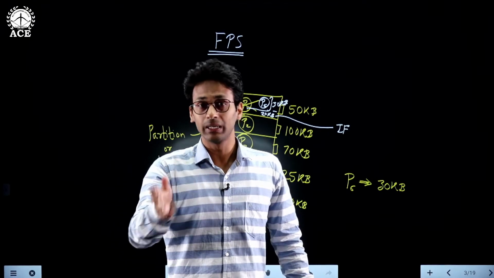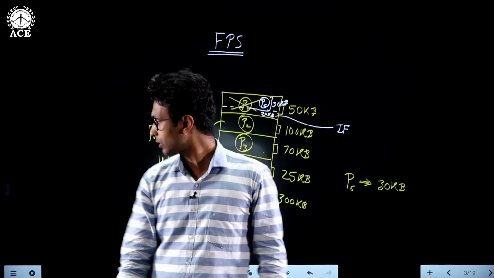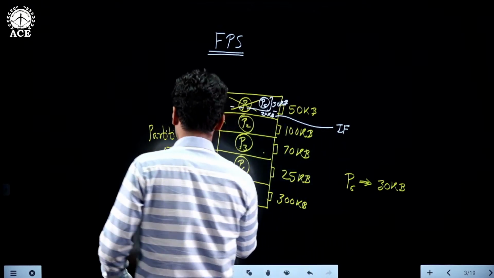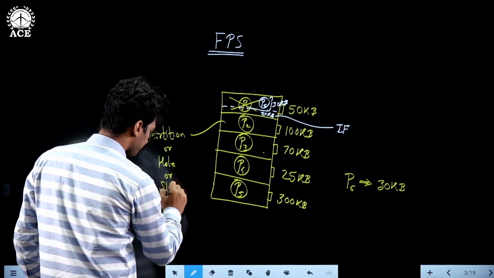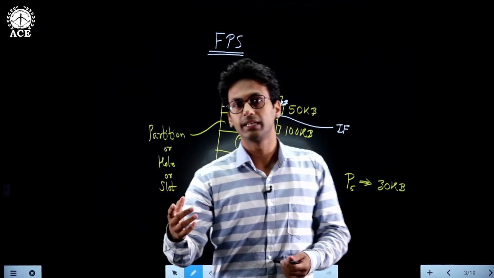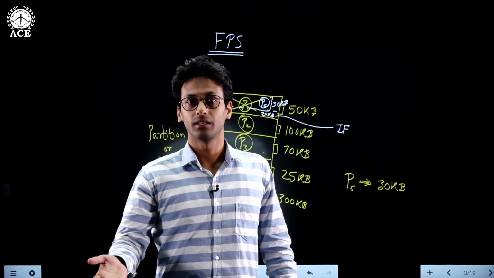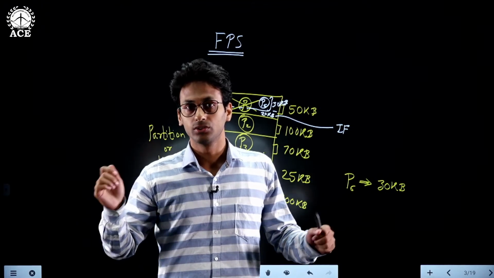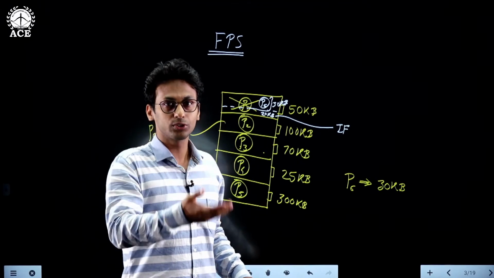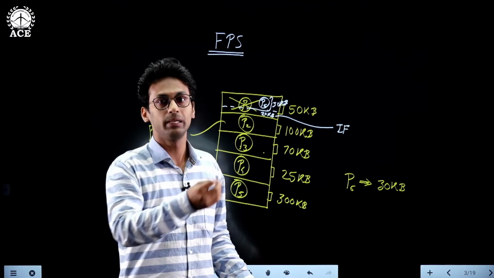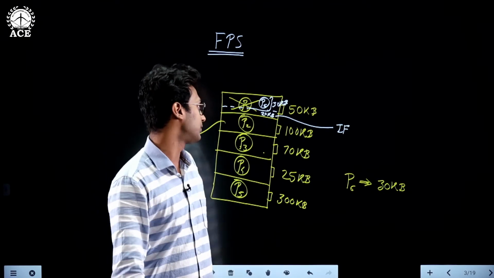The degree of multiprogramming is restricted by the number of slots, partitions or holes. Degree of multiprogramming indicates the number of processes which might be present at any point of time in main memory. So it is restricted by the number of partitions, and the partition size is fixed.